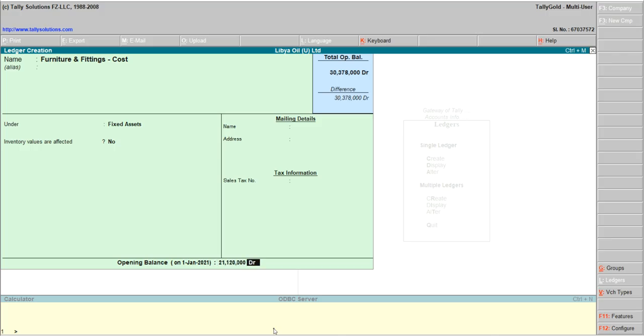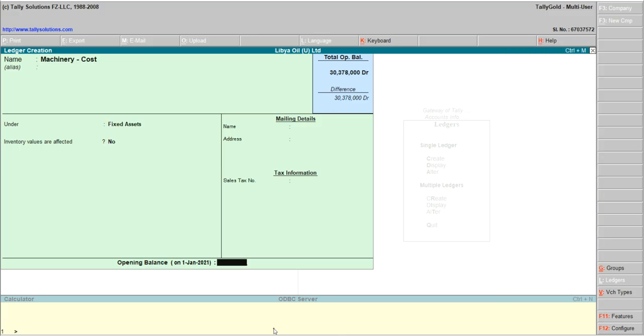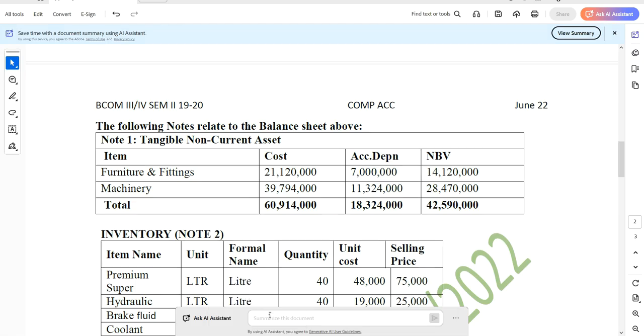Enter. It's a debit balance. Then enter. Accept. Then you also create one for machinery. Machinery cost. Fixed assets. What's the cost of this machinery? That is 39,794,000.